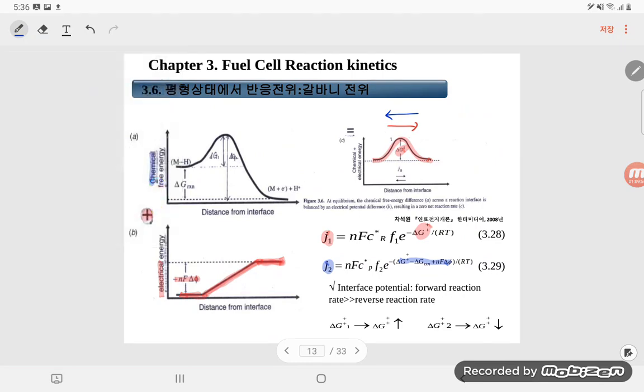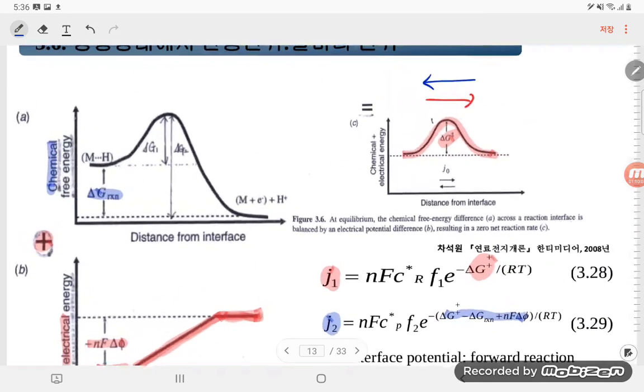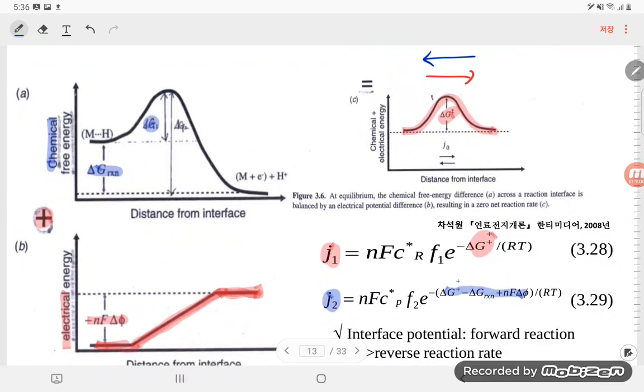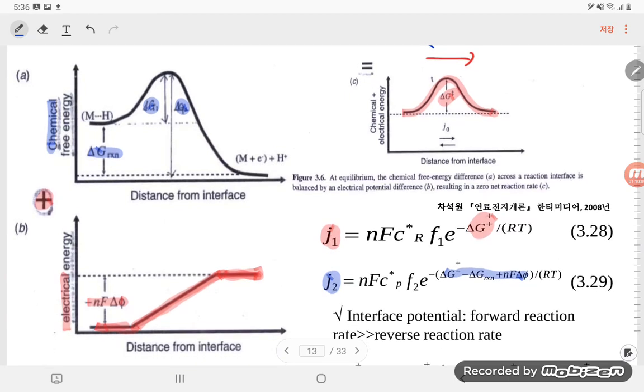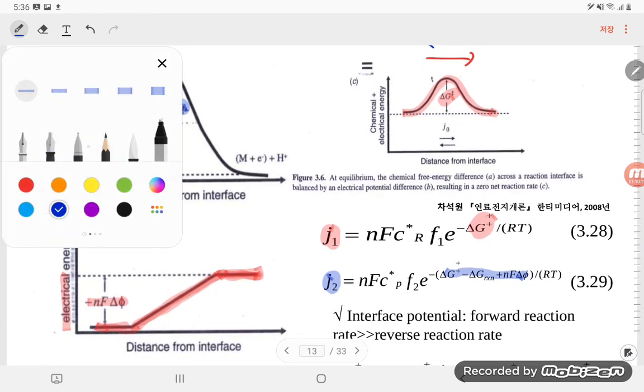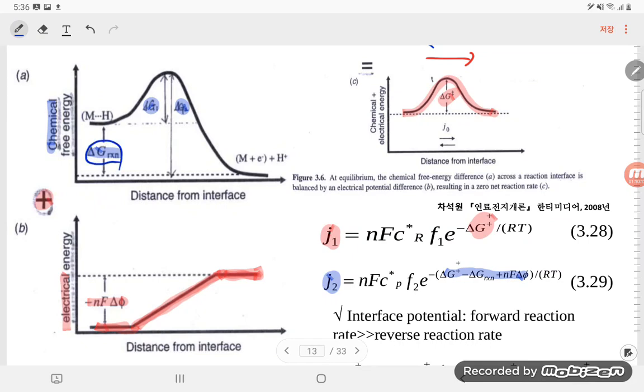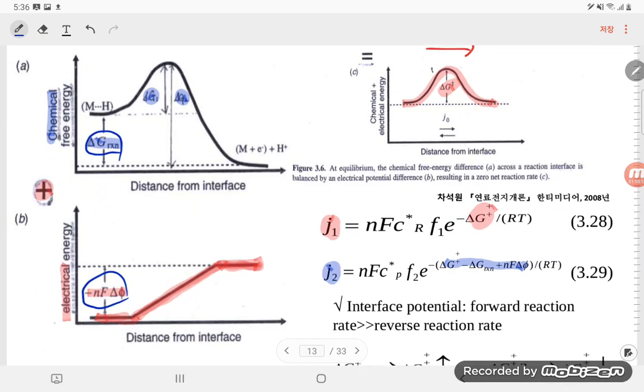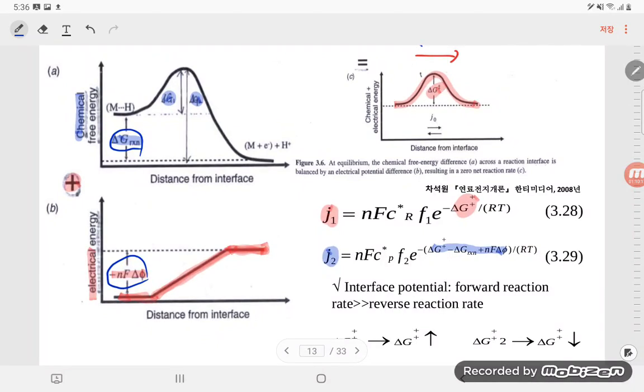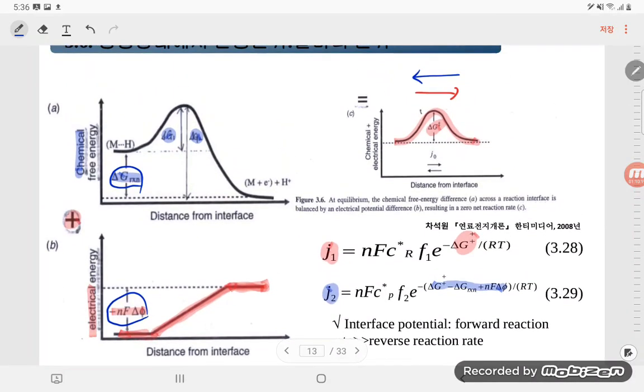Let's define the delta reaction here, and delta G1 original and delta G2 are expressed in this form. If the absolute values of these two are the same, then they result in this graph, right?